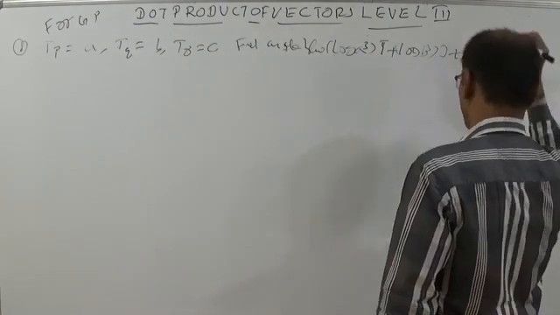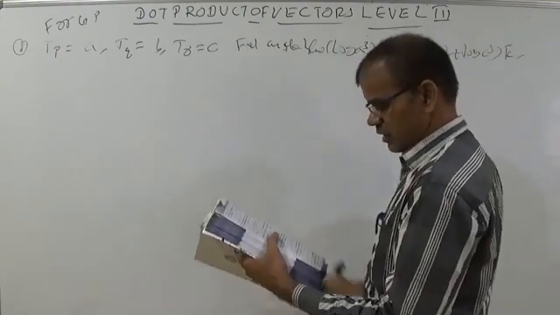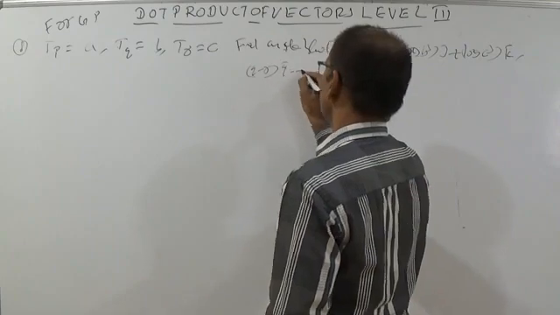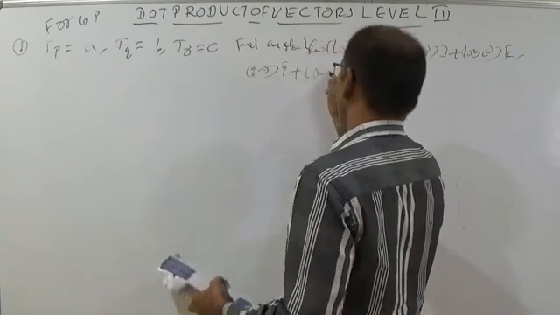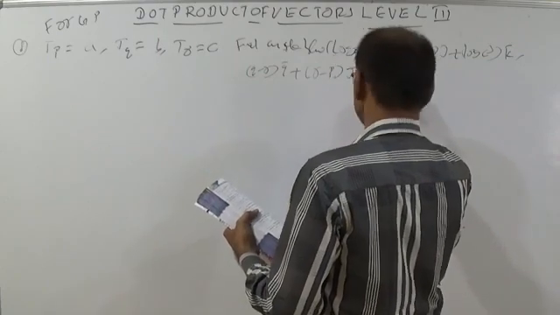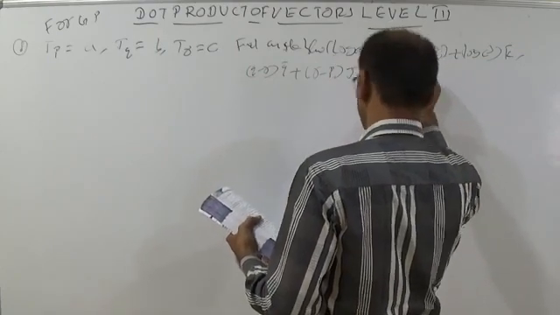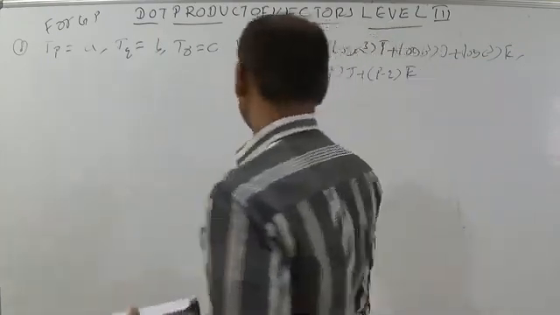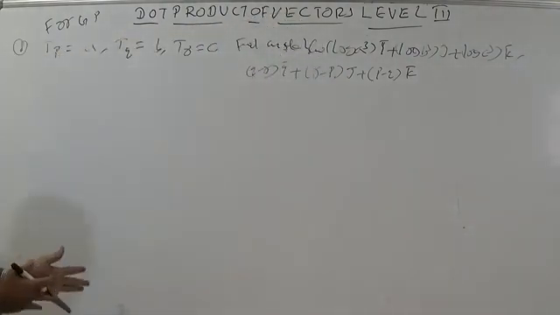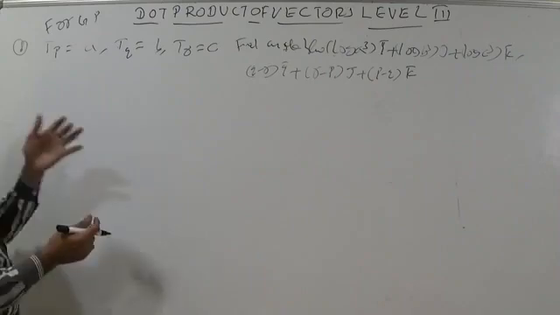This is a vector. Another vector is given as q minus r into i plus r minus p into j plus p minus q into k. This is called a cyclic expression, q minus r, r minus p, p minus q. In matrices you learn such sums.